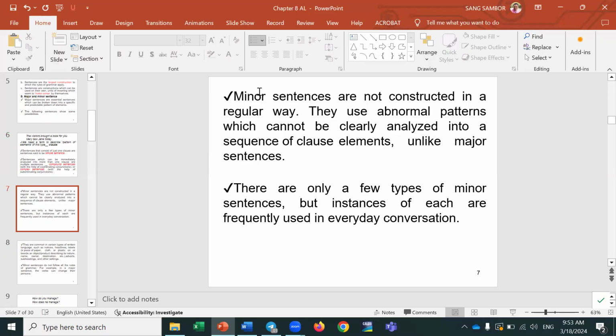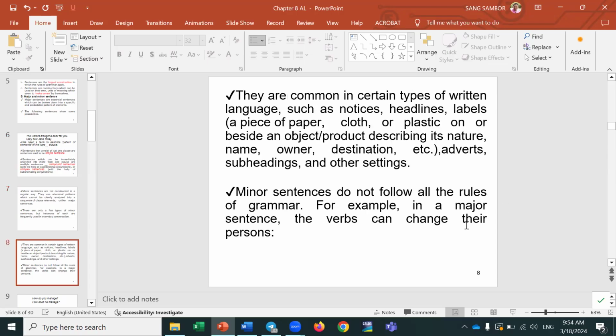Okay, let's have a look at another one. Minor sentences are not constructed in a regular way. They use abnormal patterns which cannot be clearly analyzed into a sequence of clause elements, unlike major sentences. There are only a few types of minor sentences, but instances of each are frequently used in everyday conversation.